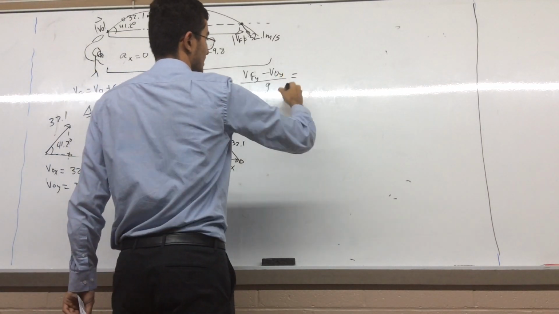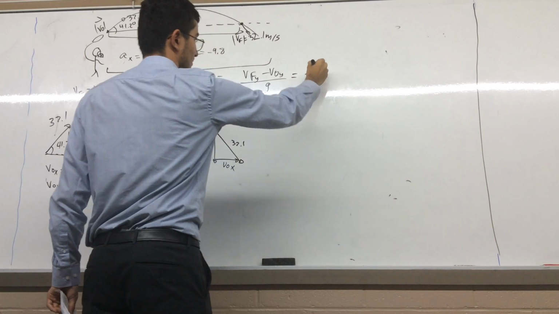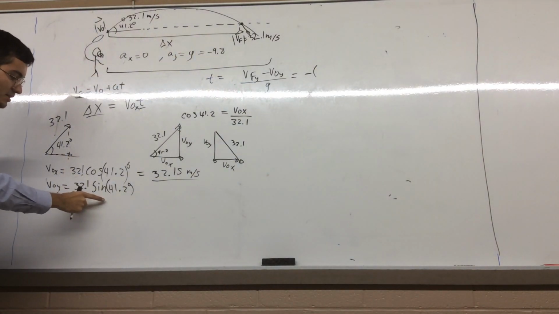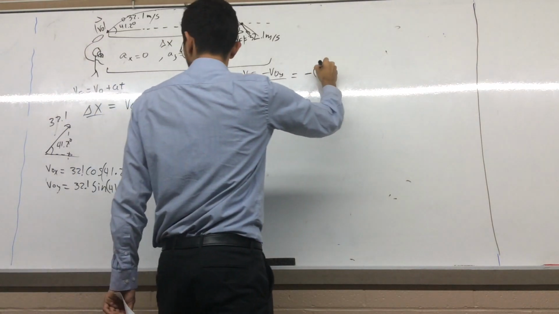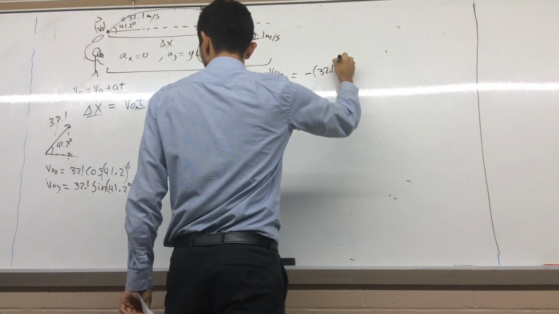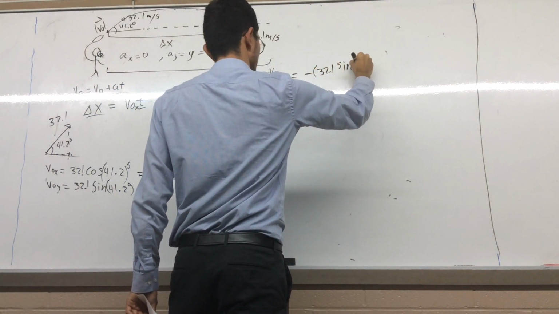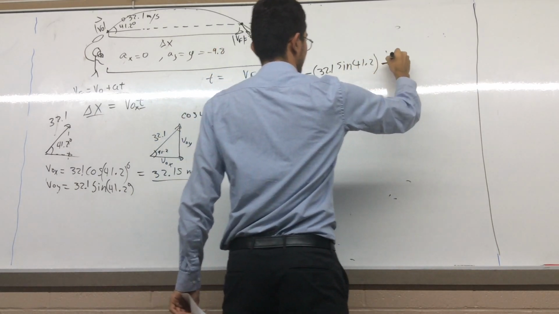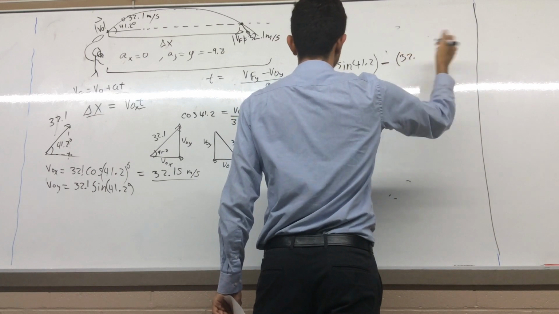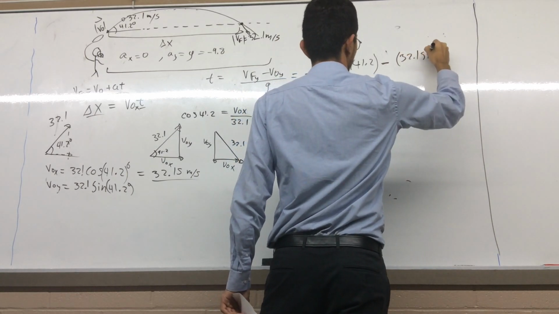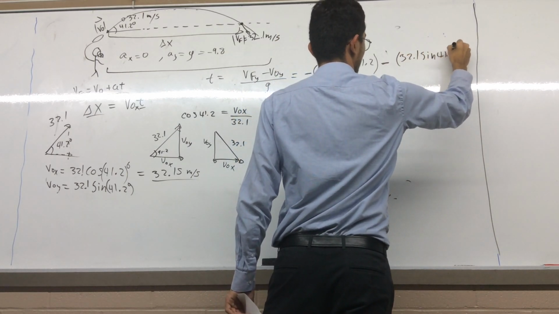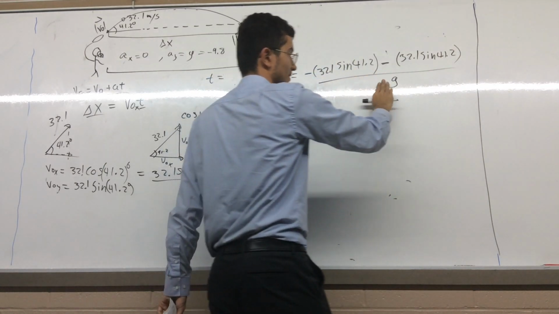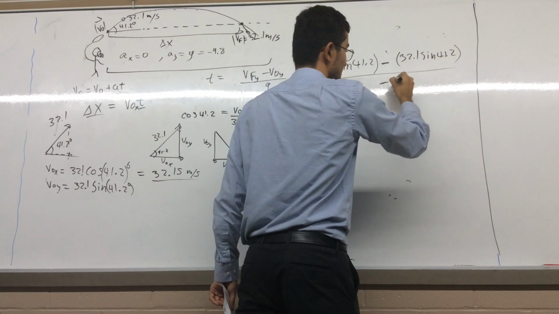So that's going to be negative the velocity in the y direction, which is going to be 32.1 times sine of 41.2. And we're going to subtract that by the same thing, 32.1 times sine of 41.2, all of that divided by g, which is negative 9.8.